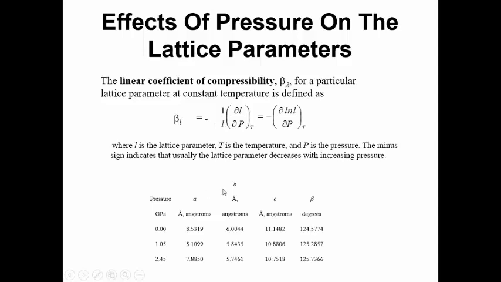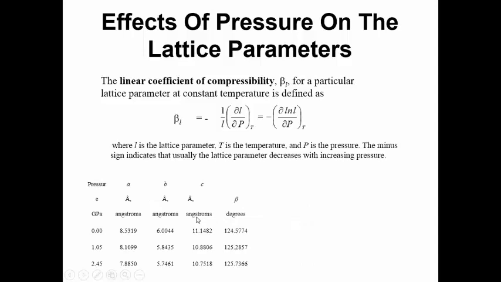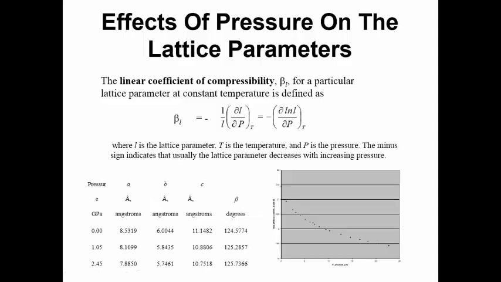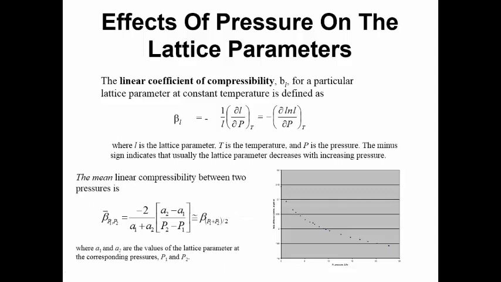Here's some material from anthracene under various pressures, and here is the plot. Now if you notice this plot, we would kind of hope it would be a straight line, but it's not. There's definitely a curvature to it, so we can't do it as simply as we did in the temperature case, but we now instead measure the mean linear compressibility between two pressure points.